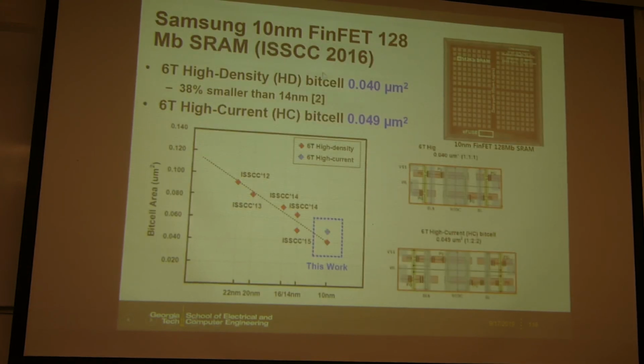And in 2016, Samsung first reported a 10 nanometer FinFET array, a 128 megabit SRAM array at 10 nanometer, in this ISSCC paper. It also offered two kinds of cells, with different ratios for either high density or high current. High current means faster, high speed.